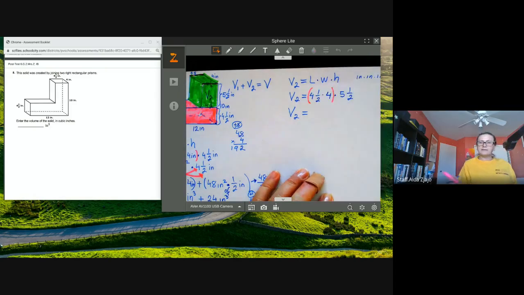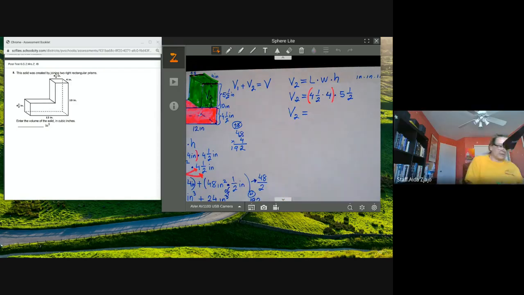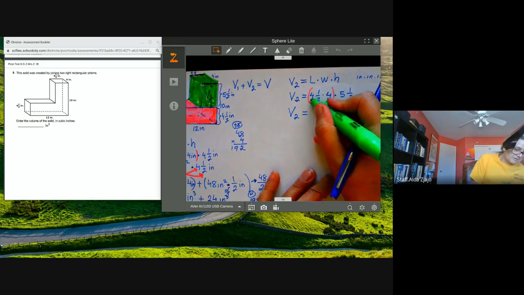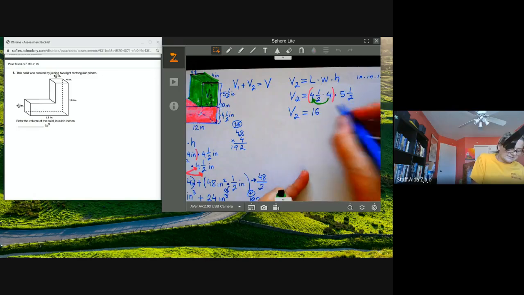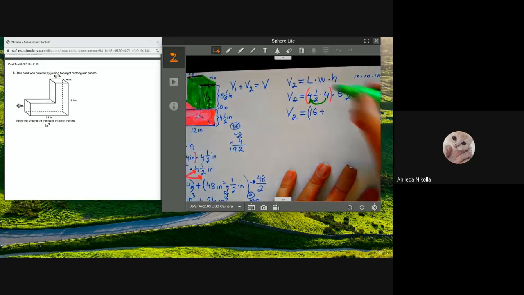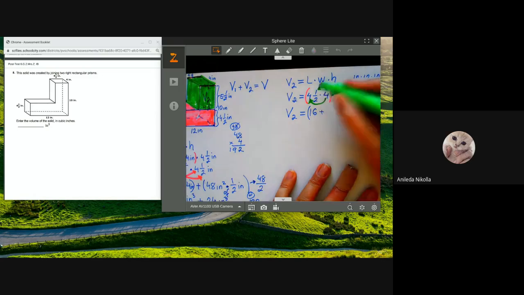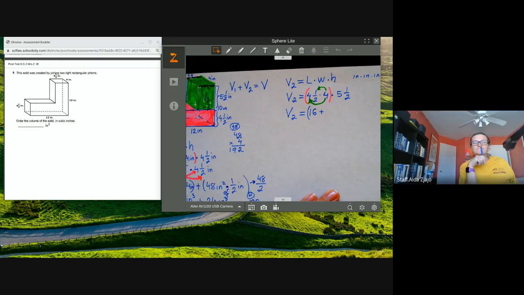Okay, go ahead. 4 times 4 is 16, and 4 times 1/2 equals 16 plus 4 halves.